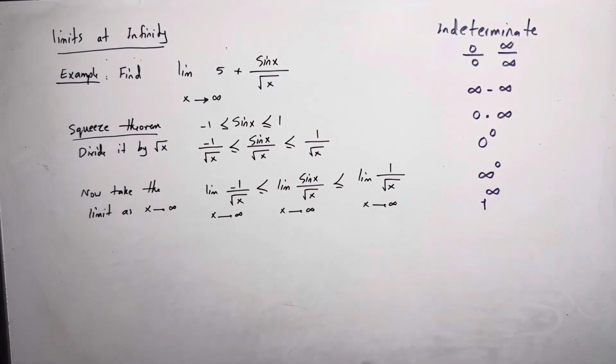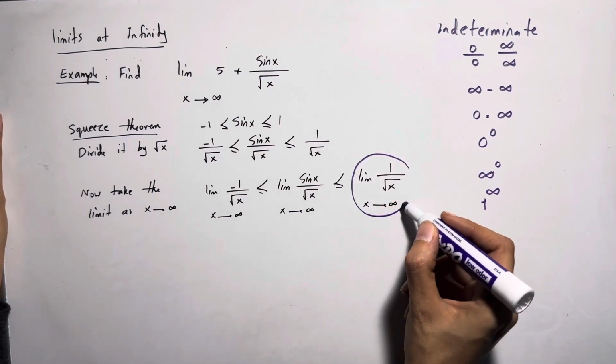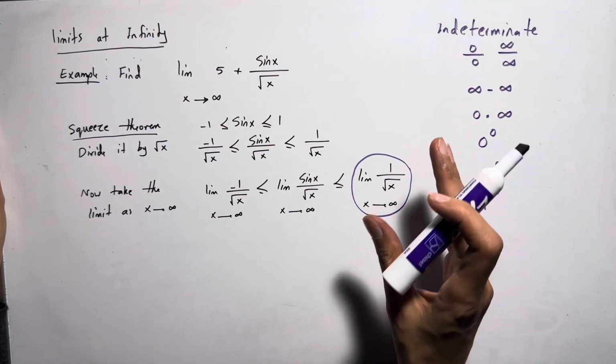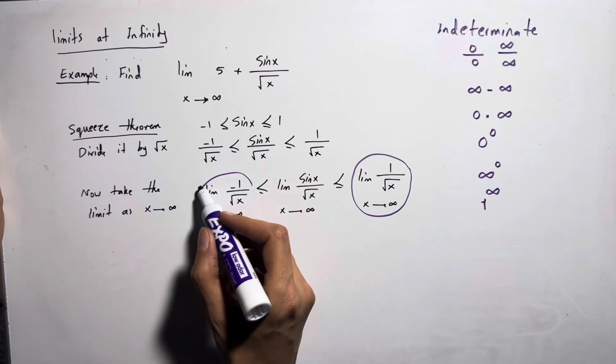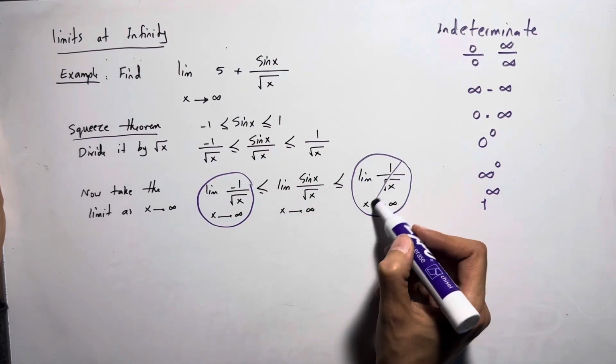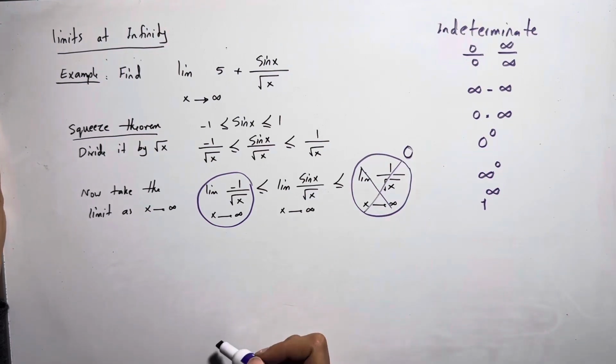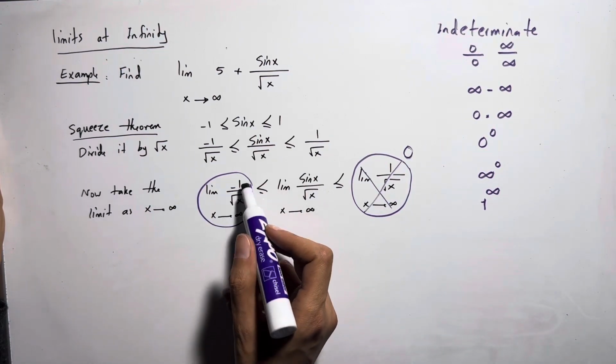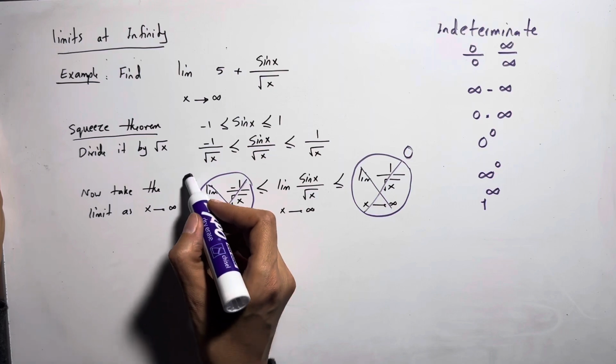Well, our focus is on the limit on the right-hand side here and the limit on the left-hand side here. Limit of 1 divided by infinity is 0. Limit of -1 divided by infinity is also 0.